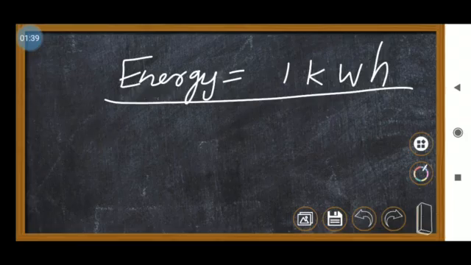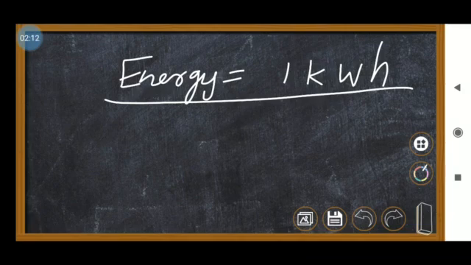As I said in my last class also, the watt is a very small quantity, so we convert it into kilowatt. Whenever you convert to kilowatt and multiply by how many hours that particular electric device is working, you will get the energy consumed. For example, if one bulb is glowing for 5 hours, it has some power and runs for 5 hours, so it consumes some energy.